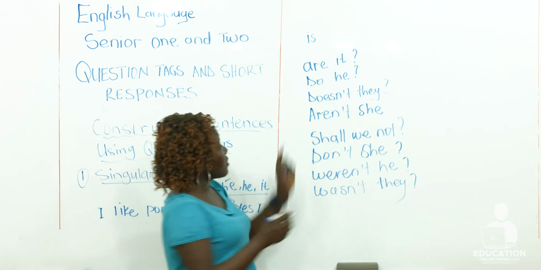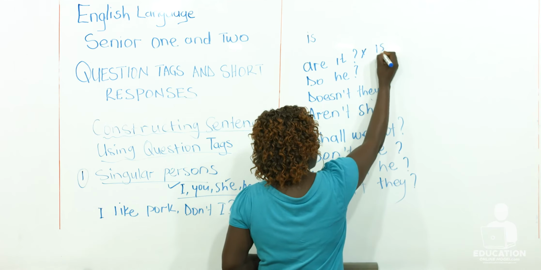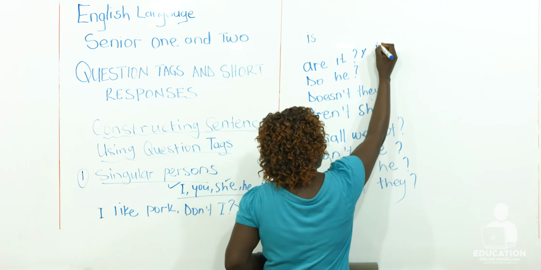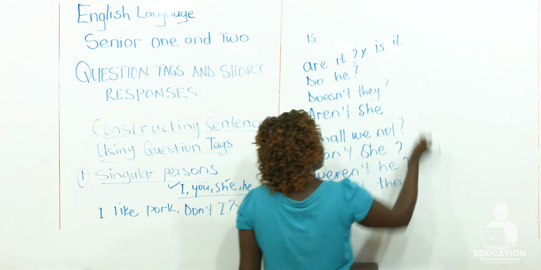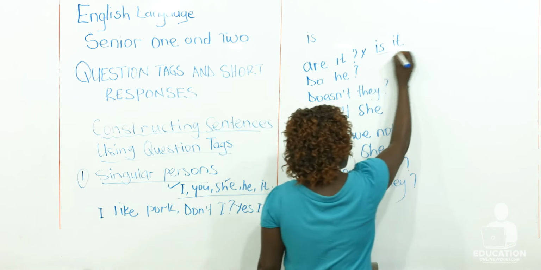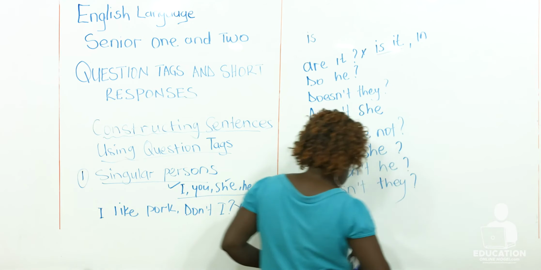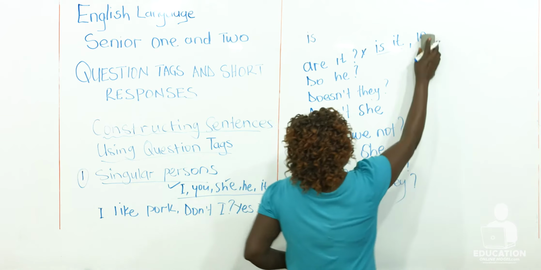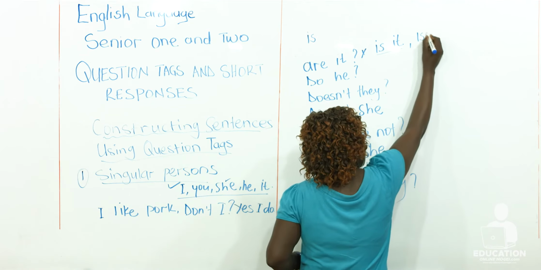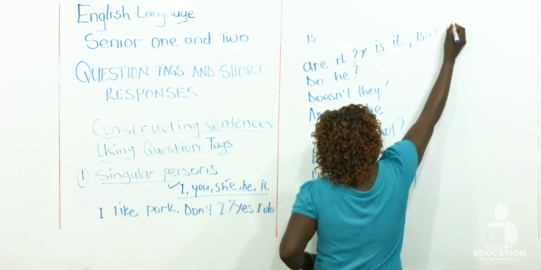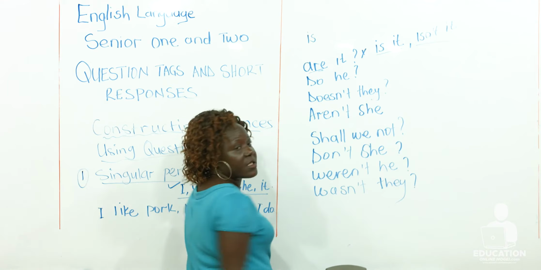Therefore, this one is wrong. You rather say isn't, or you can say is it. If it is negative, you will say isn't it, instead of are it's.